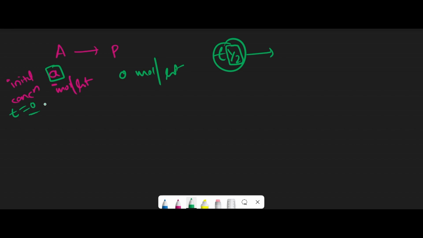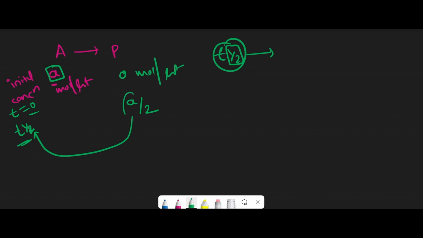Initially A is there. Now to become half of that initial concentration, whatever time is required, that time is known as the half time, the half life of the reaction. That means small a will become a by 2. Whatever time is required, that will be the T half.